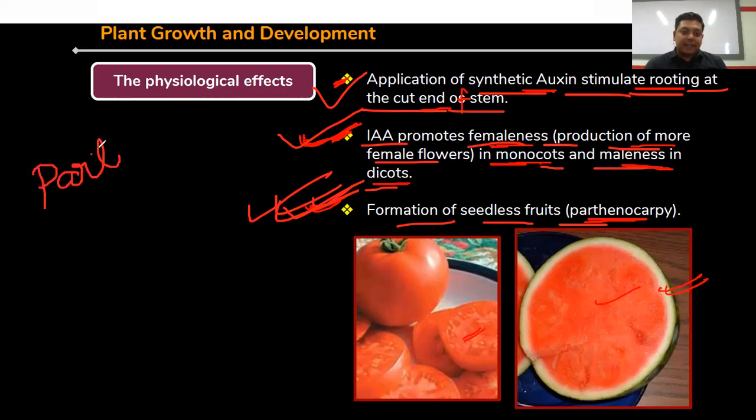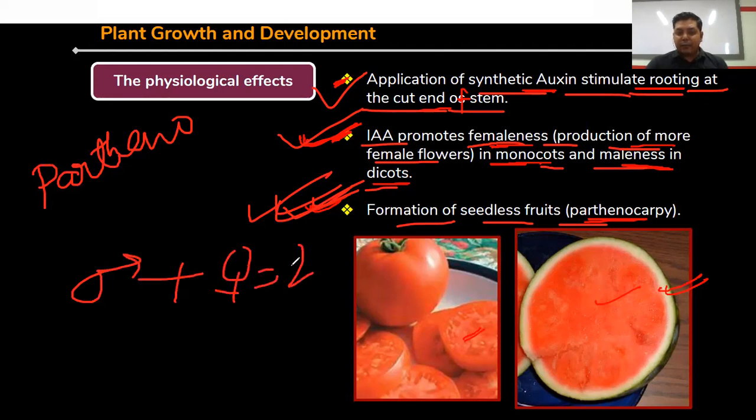Generally in flowering plants, the male gamete fuses with the female gamete and they form a zygote. From the zygote a new plant body develops. But in some plants, the ovule is unfertilized in nature.